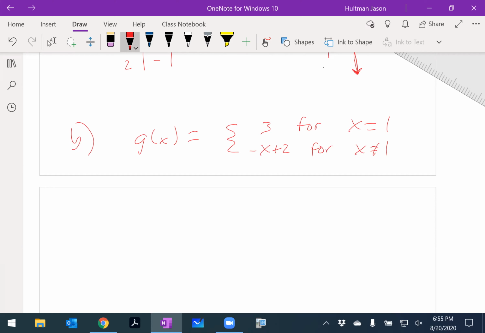So everything except 1. 1 seems to be like a bad point here, but everything else other than 1 works.